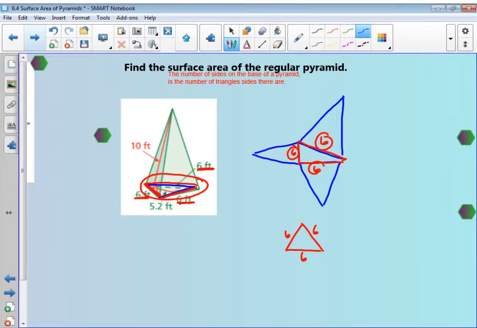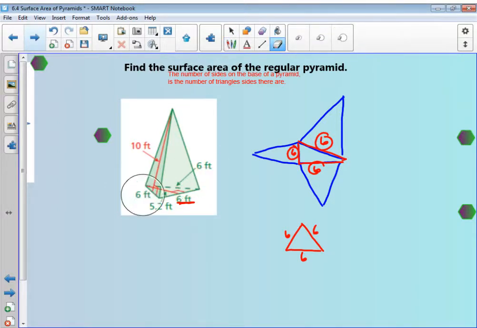Okay, there's also some dimensions right here, and it looks like they're doing a line right here. And that's showing me the height of that triangle. I know it's not height when you see it, but it's that distance from here to here on that base. And they're telling me that that is 5.2. Okay, and I have to understand that in order to find the area of that triangle, okay?